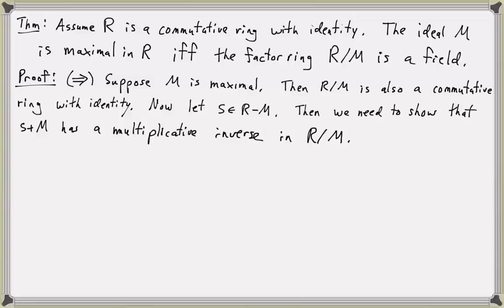So to this end, let's consider the set I, which I'm going to define as the set of elements of the form rs plus m, such that r is an element of the ring R, and m is an element of the maximal ideal M. Then I claim that I is an ideal of R that properly contains M.